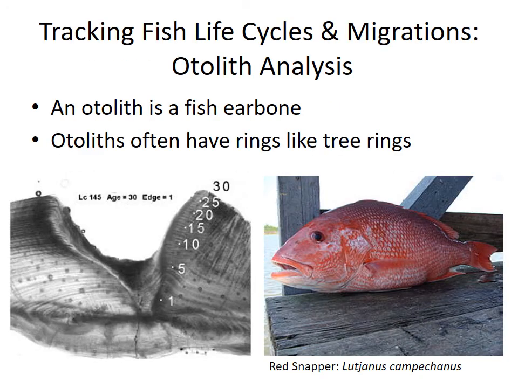All right, so one of the ways that we can track these migrations of fishes and other organisms that move into and out of the estuaries at different stages in their life cycles is by examining the chemistry of their otoliths.